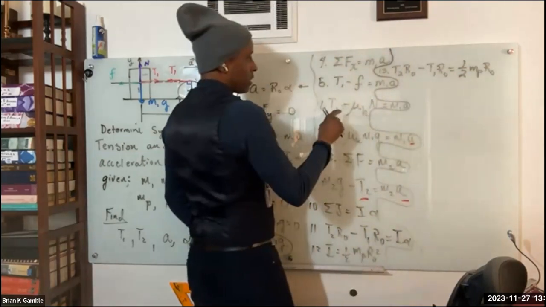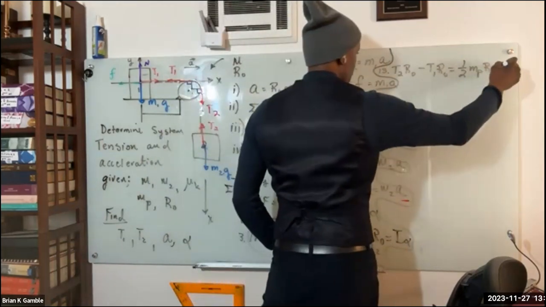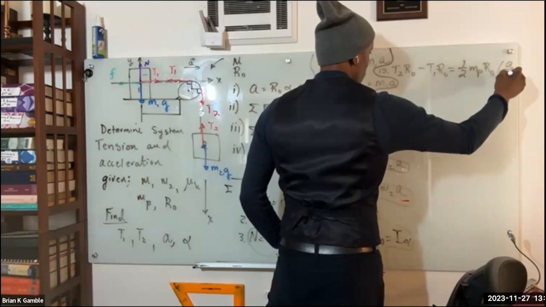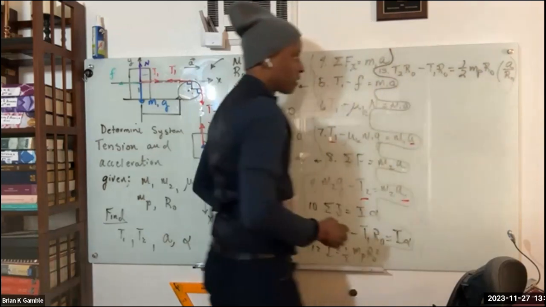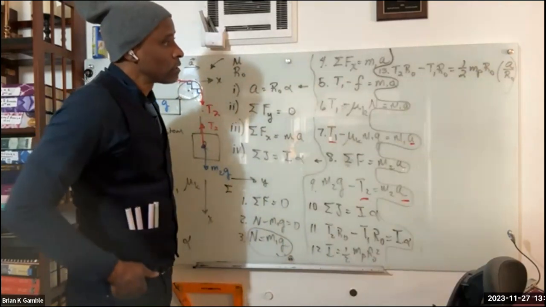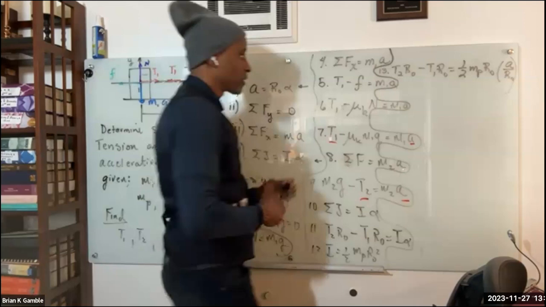And then, as I said, if I solve this for alpha, this becomes times A over R naught. Actually, this is squared.